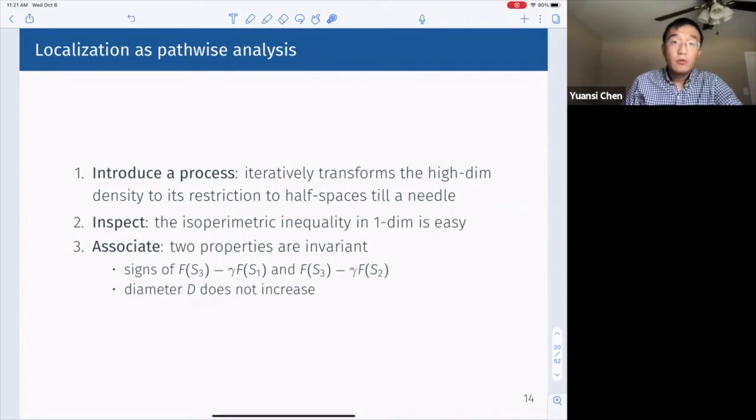So if you want to prove a diameter-based isoperimetric inequality, it's a good process to use, because in the end your diameter will always be smaller or equal to the original diameter. And at the end, you also get a diameter-based isoperimetric inequality, and then you can relate them with each other. Okay. Any questions about this summary of localization?